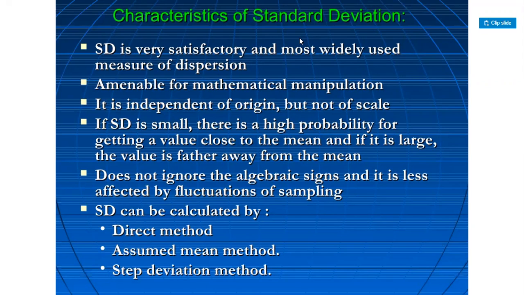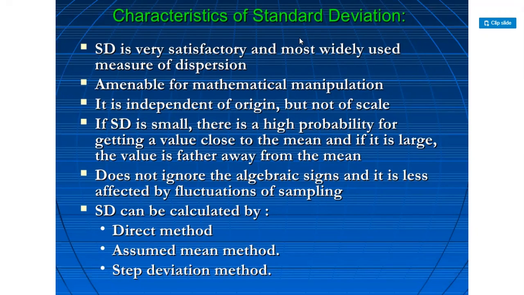Mean deviation is also an unsatisfactory measure, as it ignores the algebraic signs of the deviations. Because of all these demerits in the range, quartile deviation and mean deviation, people mostly use the standard deviation calculation method.